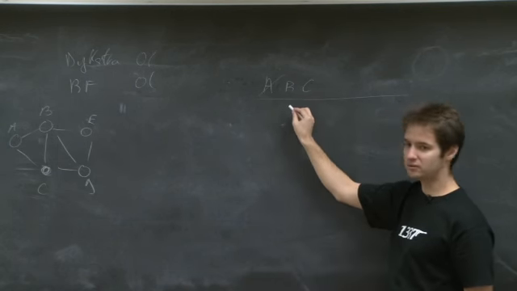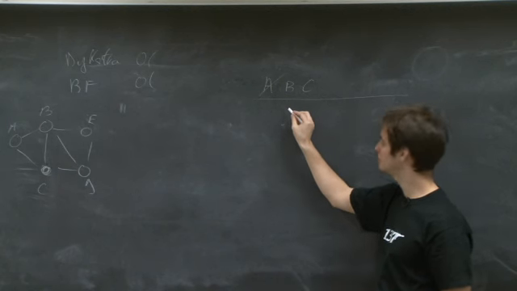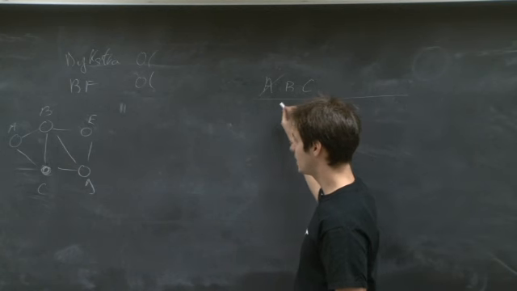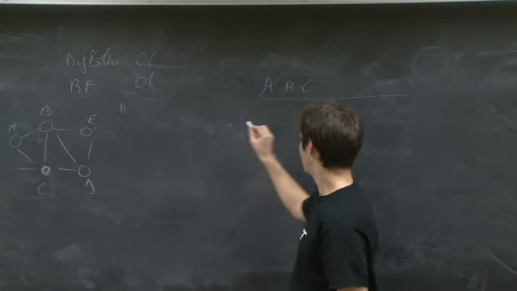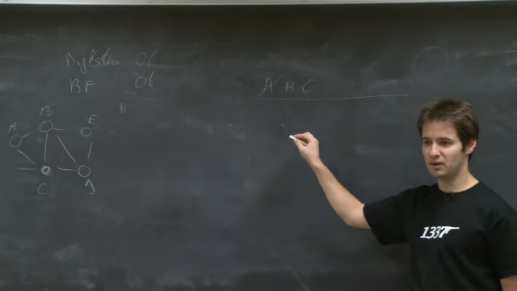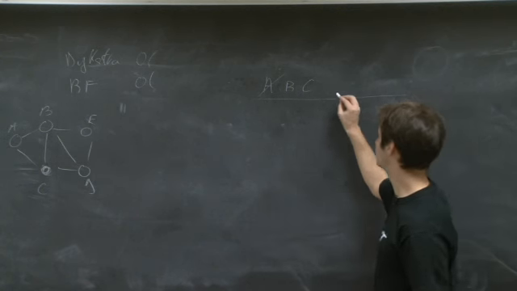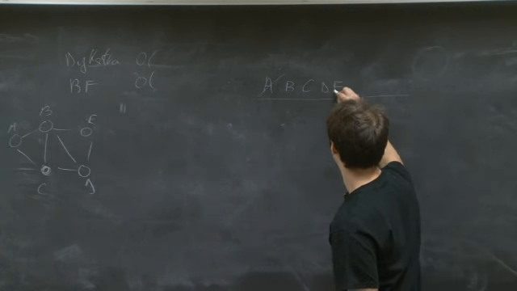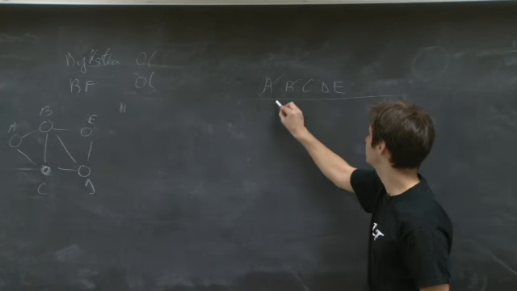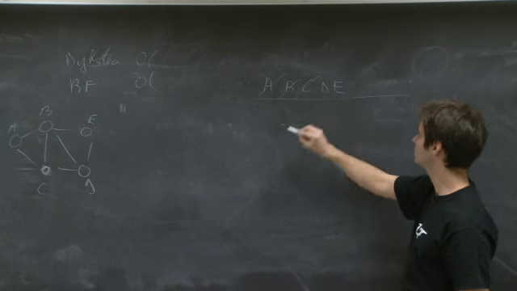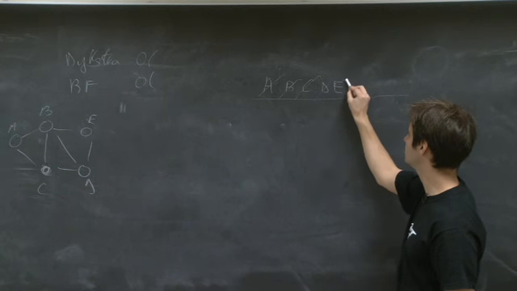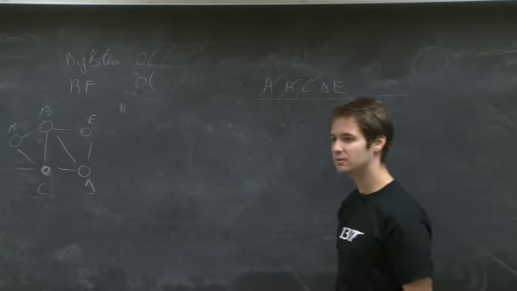Then we take out the first node from the list, B in this case. We enumerate all its neighbors, A, C, D, E. Out of all these, we take the neighbors that we haven't seen, and we put them at the end of the list. Took out B. We take out C, we look at all its neighbors, we've seen them. We take out D, we look at all its neighbors, we've seen them. We take out E, we look at all its neighbors, we've seen them. So this is BFS.